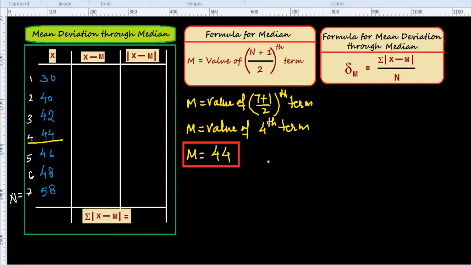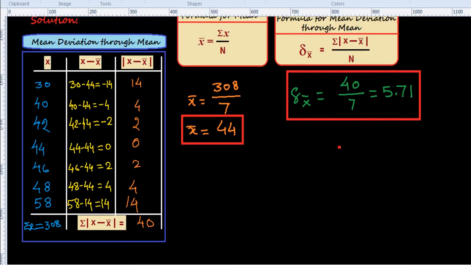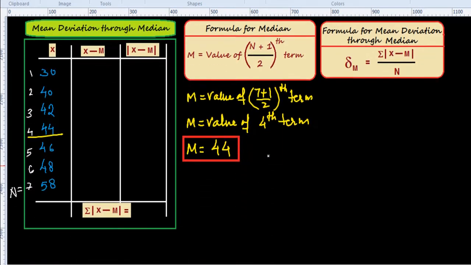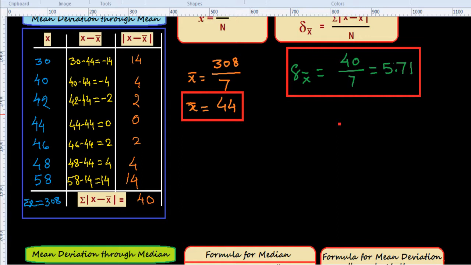The median is the same as the mean we have got, because basically it is a normal distribution in this data. So if we take the deviation from median, it would be the same as from the mean, because the median and mean are both the same. So we get the same mean deviation, 5.71.